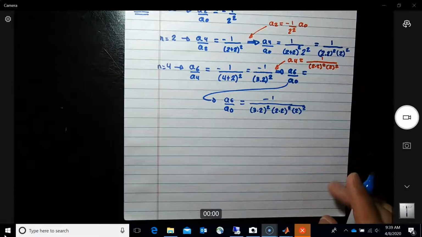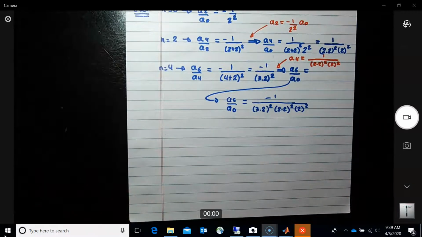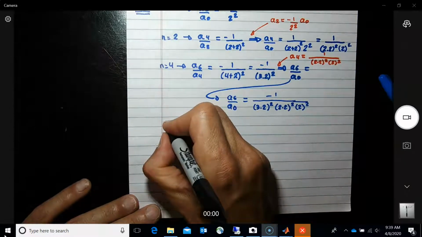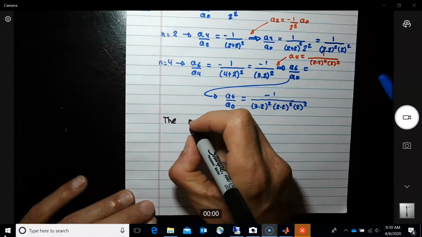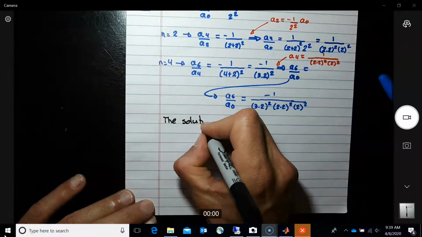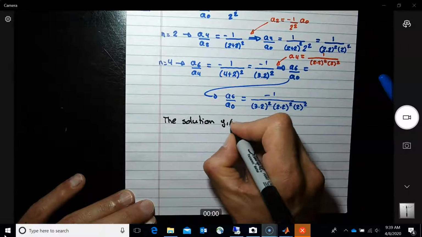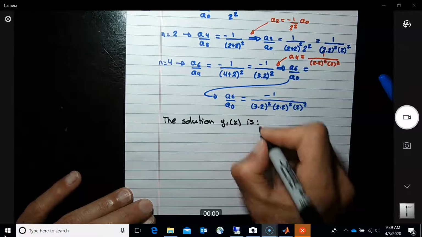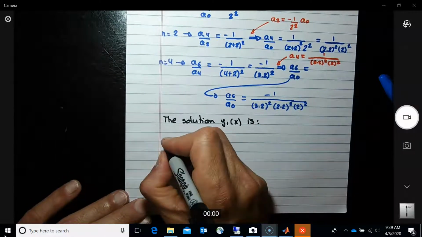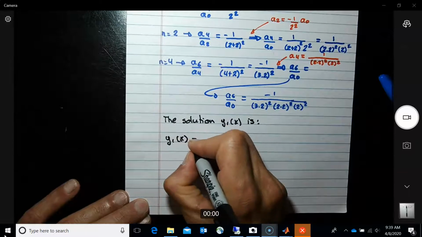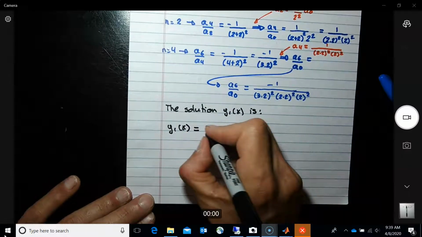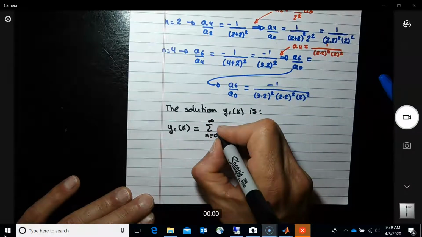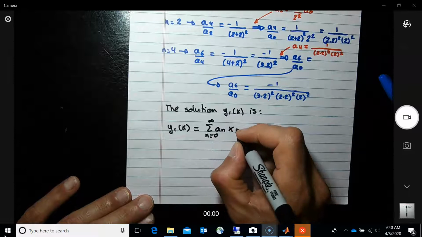Alright, so you found the coefficients. So we can say now the solution y1 of x is what? Remember, we wanted this to be equal to the summation n equal to 0 to infinity a sub n x to the n plus k.